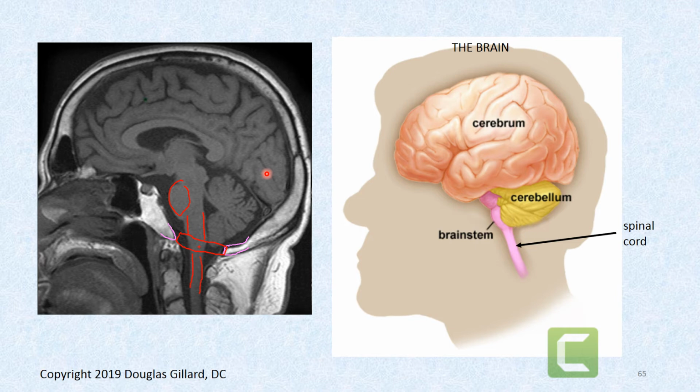That's an important concept. But here's a picture of the noodle. We'll get into these parts later. But here's the spinal cord. Where's the spinal cord born? Right here, right as it goes through the foramen magnum. Okay, everybody got it?